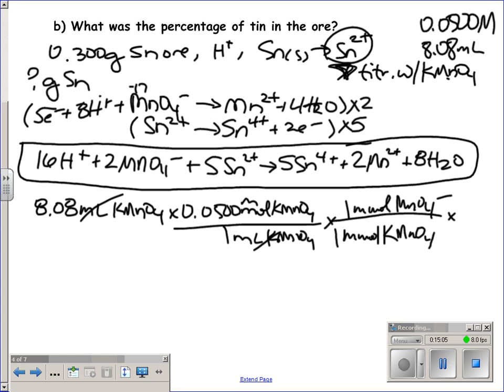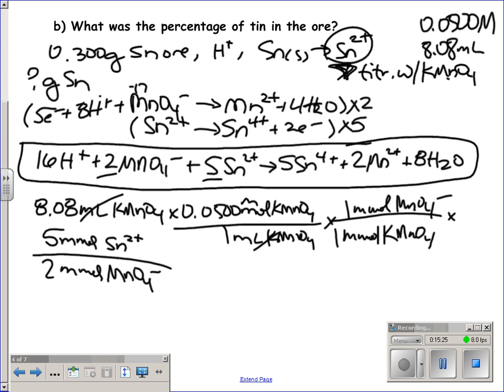Okay, that's tedious, but we did it. All right, next, now ratio, right? So 2 to 5. So 2 millimoles of MnO4 minus on the bottom, 5 millimoles of Sn2 plus on top.